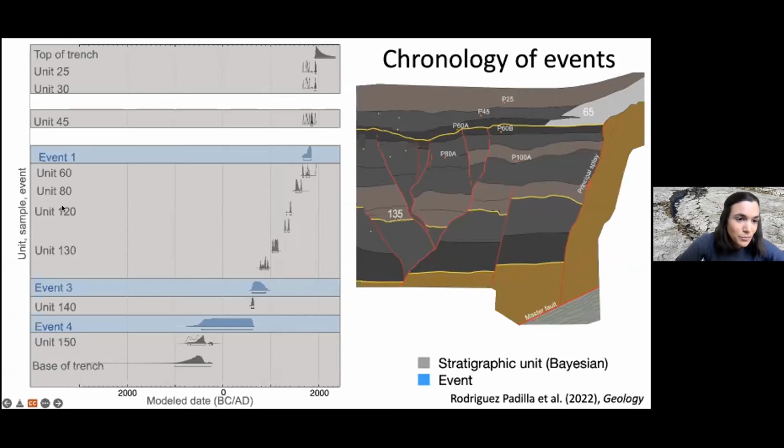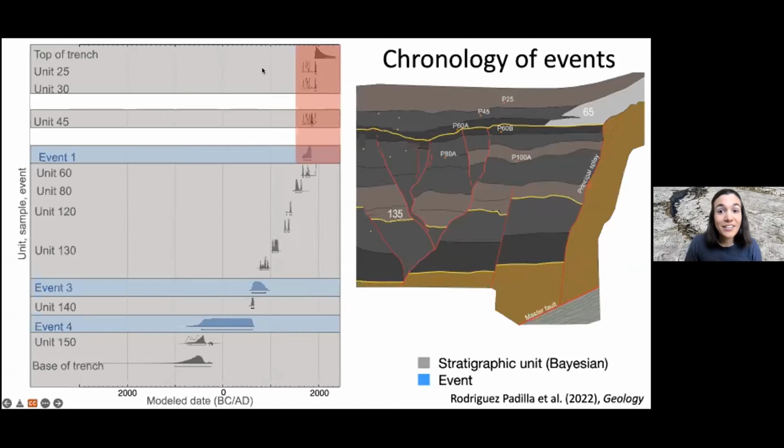So this should be named events 1, 2, and 3, not events 1, 3, and 4. Sorry. Okay, so you can see both event 3 and event 2 have pretty large probability density. And I want to bring your attention to the most recent section of the paleoseismic record.